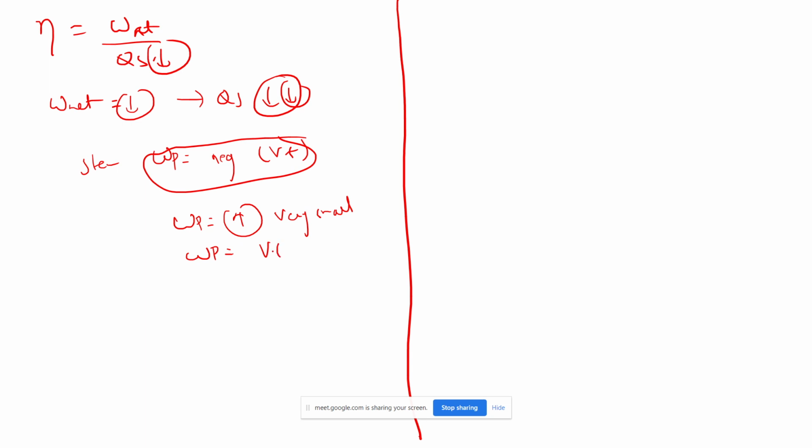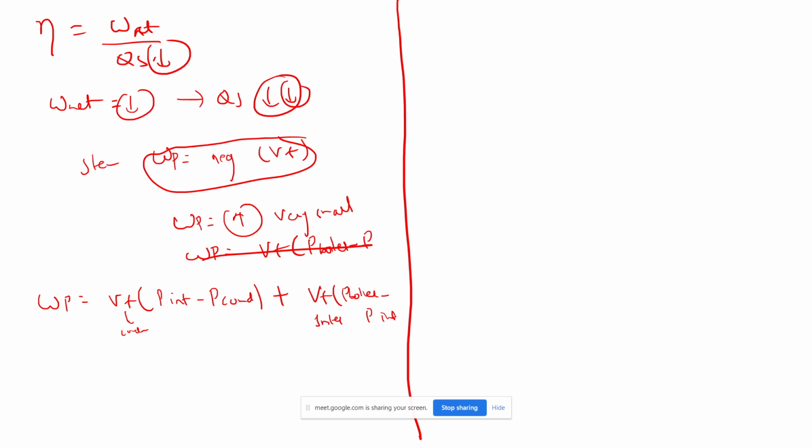Pump work is given by Vf into P boiler minus P condenser. Previously that was the pump work; here pump work will actually increase. It will be Vf into P intermediate minus P condenser, plus Vf into P boiler minus P intermediate.